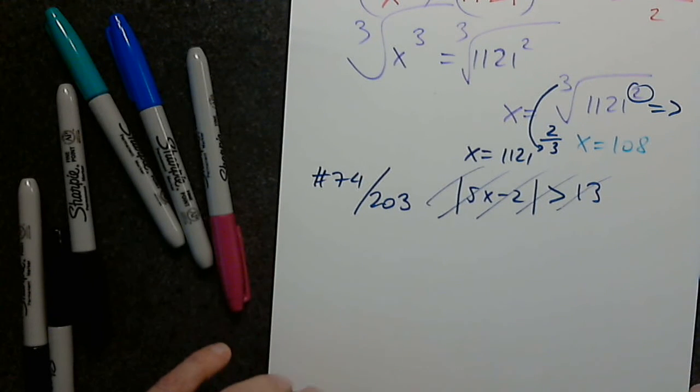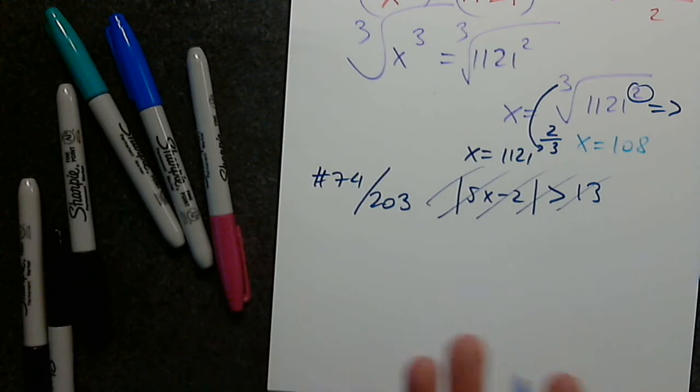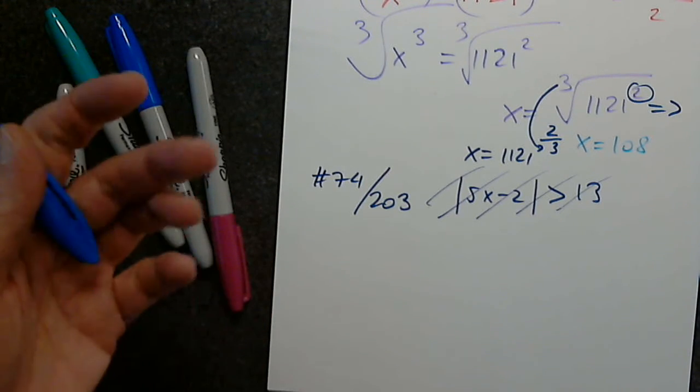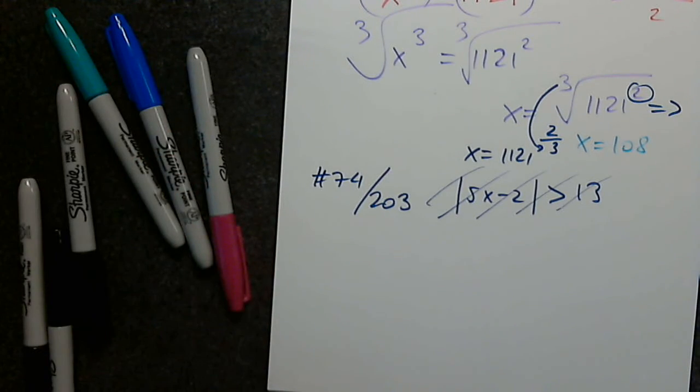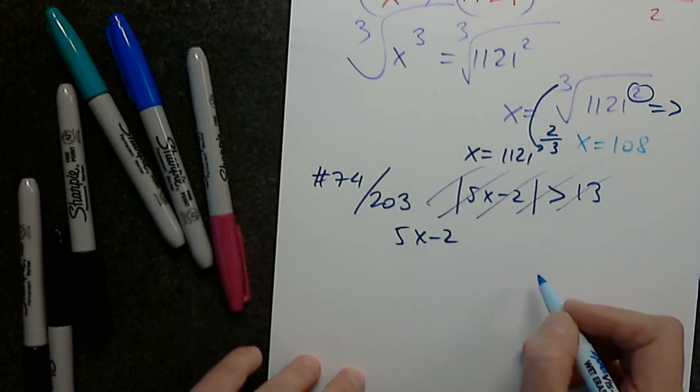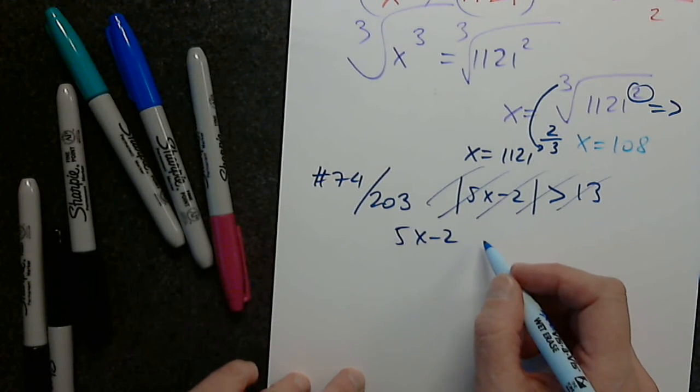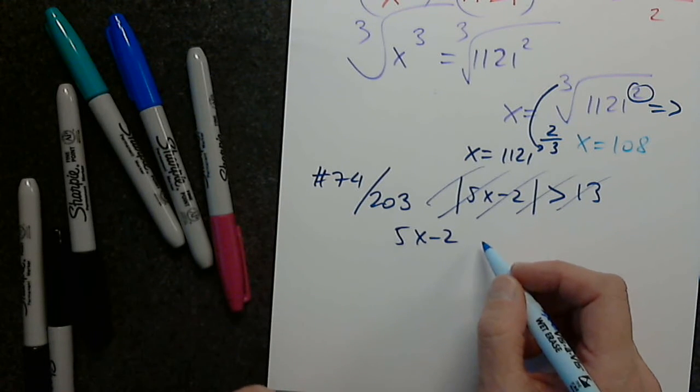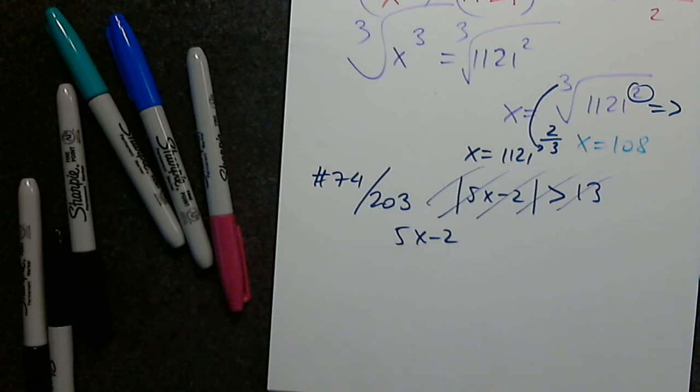Did you put the negative on the other side? What other side? You haven't told me. What do you mean by other side? I know that you're on the right track, but I don't know what to write first. 5x minus 2, minus 13. That's what, minus 13. Let's go back to the notes from last time.